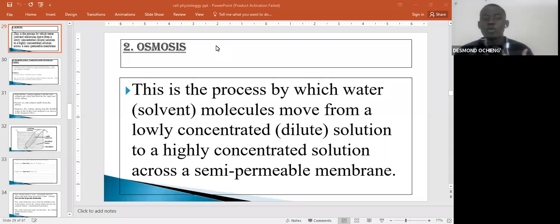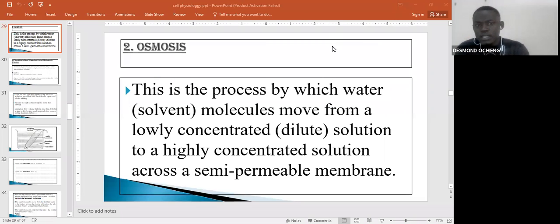Now, osmosis is the process by which solvent molecules or water molecules. When I talk about the word solvent, water is a solvent. So water molecules or solvent molecules is a very important term here. So when defining the word osmosis, as you can see on my screen, I hope you can all see my screen. If not, you can try and zoom it so that you can see my screen clearly.